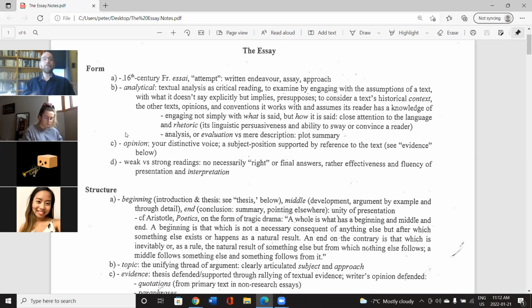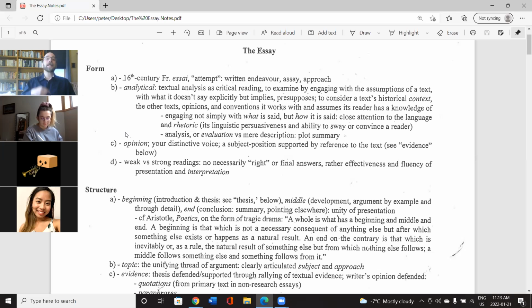So I'm happy to see you insert your distinctive voice into your essay and to use the word I as often as you need to. I'm a little bit more skeptical of the use of the word we, because when you use the word we, you're involving me in that.